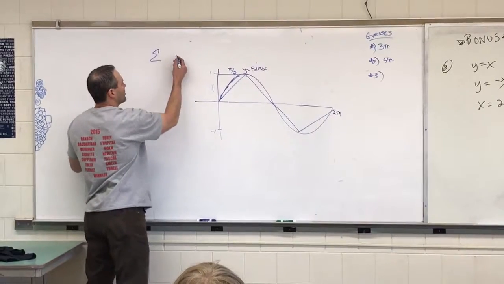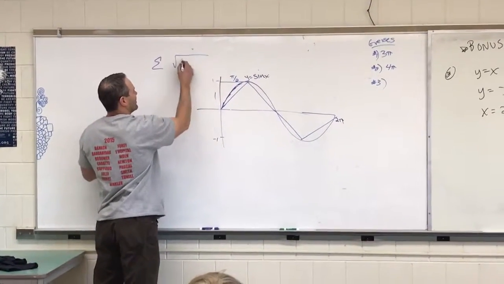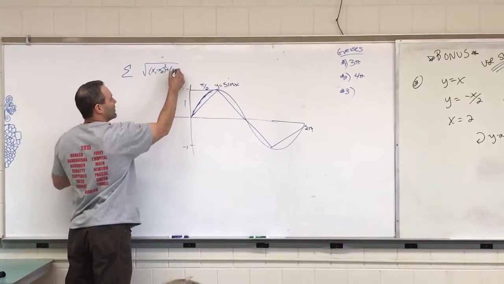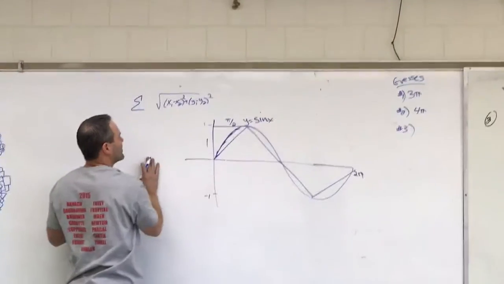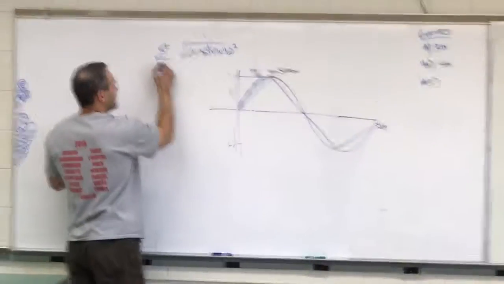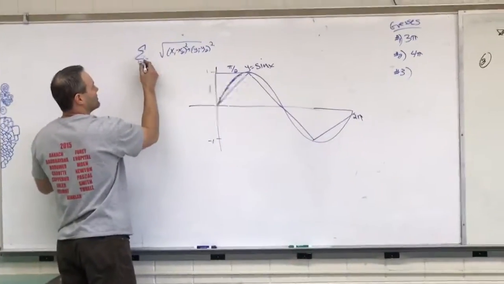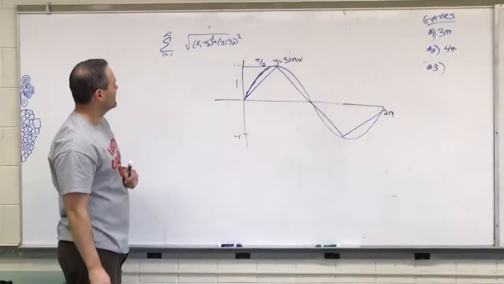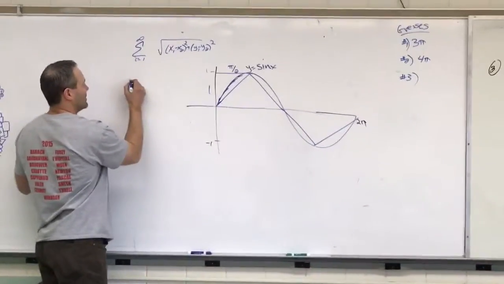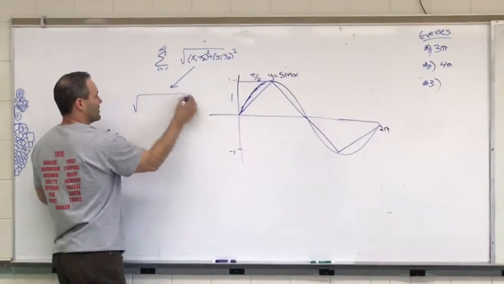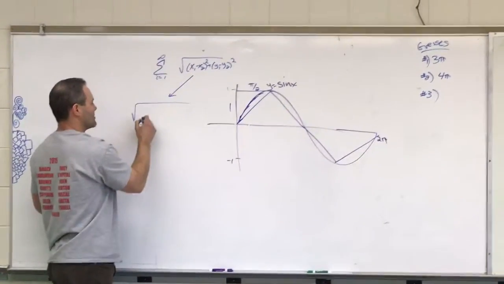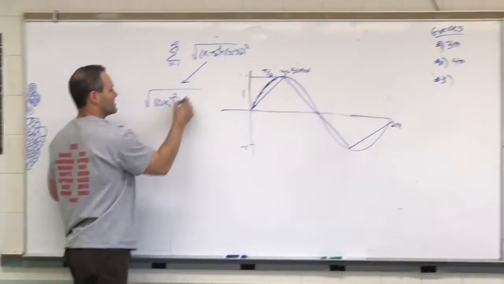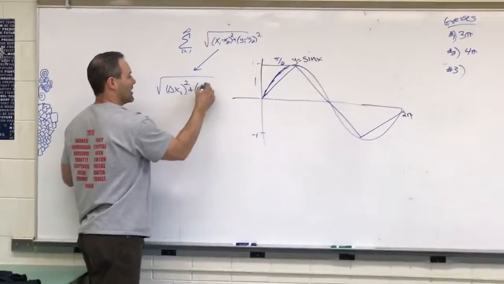So the distance formula is the square root of x1 minus x2 squared plus y1 minus y2 squared. So if we just said i equals 1 to, we have lots of them, we'll say infinity, and let's say the square root is not x1 minus x2, we'll say it's delta x sub i squared plus delta y sub i squared.